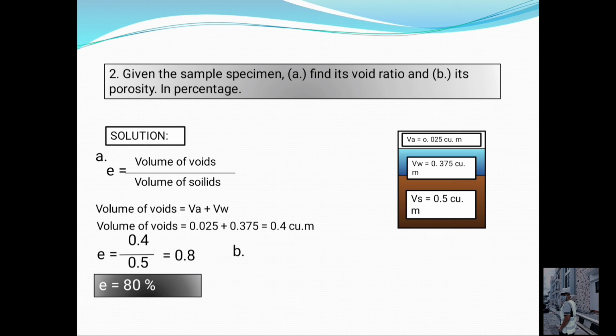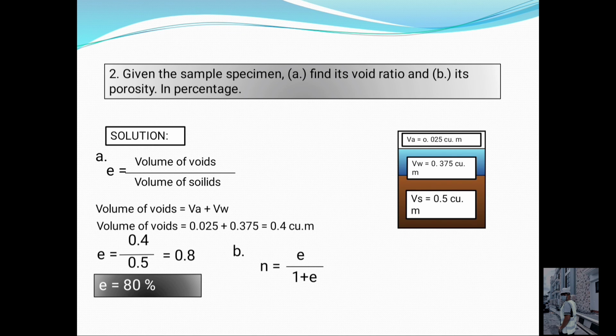So letter B is to find the porosity. So porosity, we have also a formula, right, from earlier? We can use this formula because we now have our given void ratio.